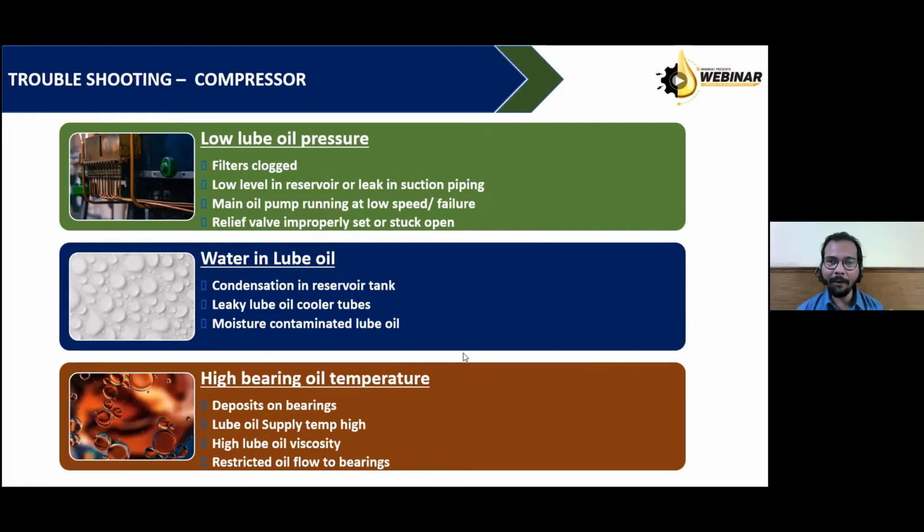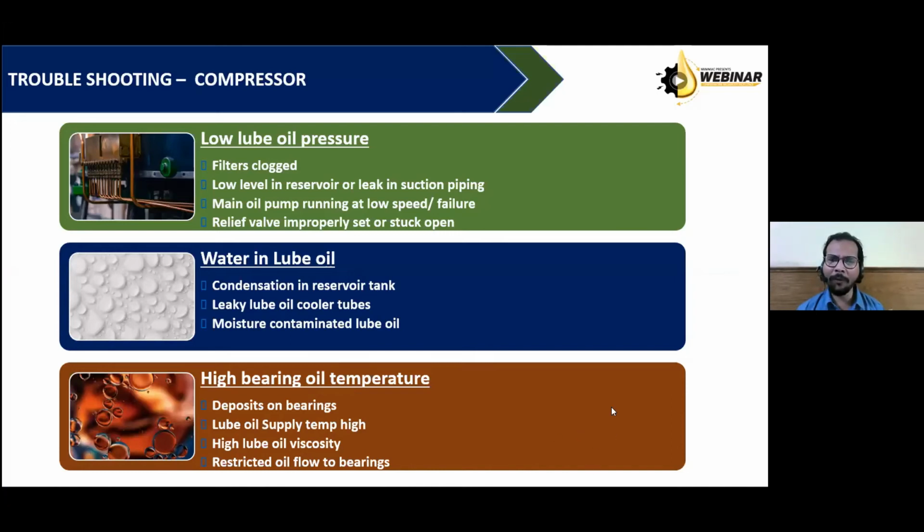Sometimes it is a general tendency that our compressor is running at a high temperature, so why not go for a higher viscosity oil, so even at the higher temperature, the oil will maintain its viscosity. Increasing the viscosity just to get relief from thinning of the oil film is like having a fever and jumping into a swimming pool to cool down our body. That is not the solution.